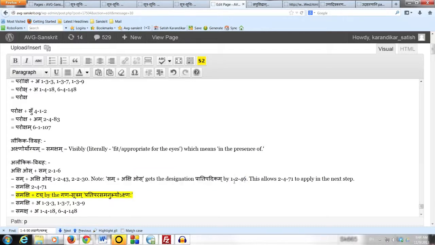We have formed a compound, and then 2-4-71 supo dhatu pratipadikayoho comes and removes the sup affix os, which is inside the pratipadikam. Now we apply the Gana Sutram prati para samanubhyokshnaha to bring in the affix touch, which becomes the ending member of the compound. Remove the letters. Letter ch gets its sanya by 1-3-3 halantyam. Letter t gets its sanya by 1-3-7 chu 2. Then tasya lopaha 1-3-9 gives us samakshi plus a.